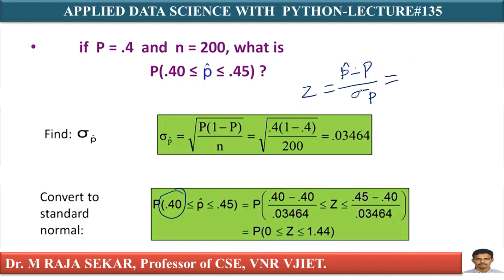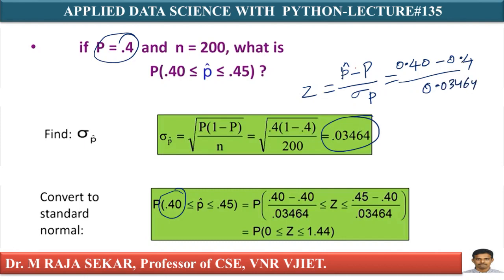Therefore, what is my small p value here? 0.40 minus capital P, which is 0.4, by my standard deviation, which we calculated as 0.03464. 0.4 minus 0.4 means I will get 0. Therefore, this 0.40 is converted into 0 in the standard normal distribution.